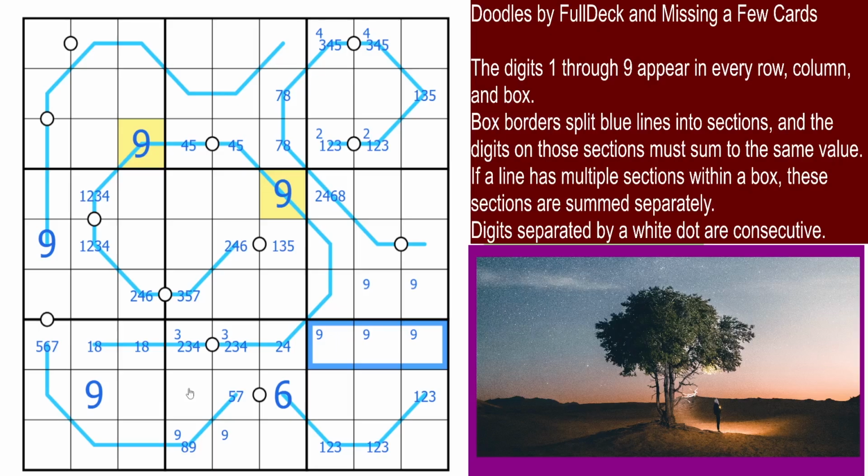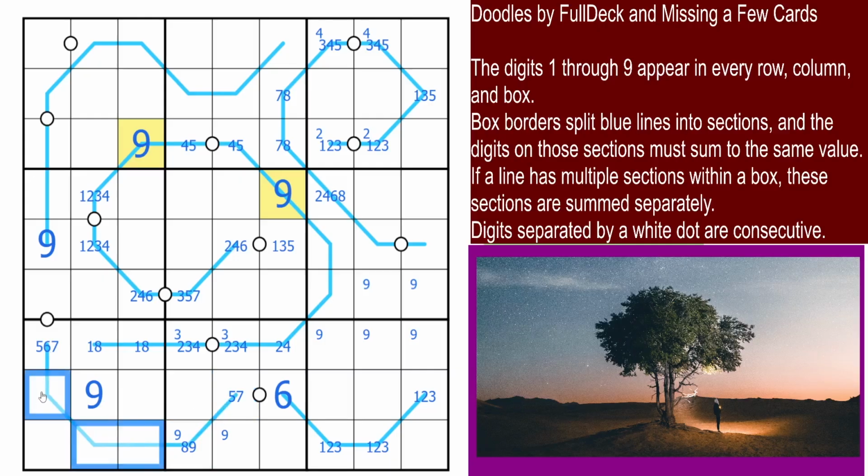What is next? We can think about what digits we must have on this line. Now that we know the maximum this is going to be 16, 9 plus 7.